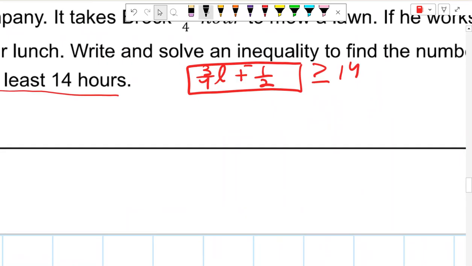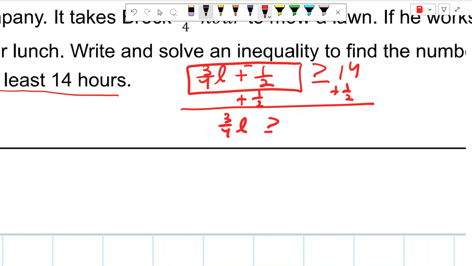We're going to use additive inverse here and add a positive half to both sides. That's going to give us 3/4 L is greater than or equal to 14.5. Then we'll multiply by its reciprocal on both sides. And that's tough to do on the right side here because we have a mixed number.